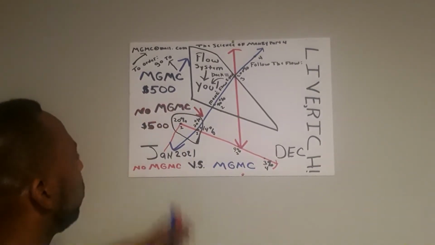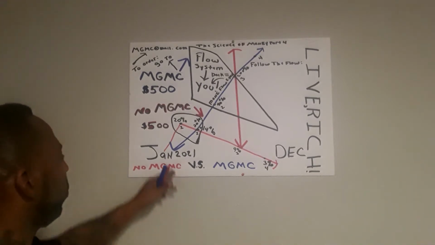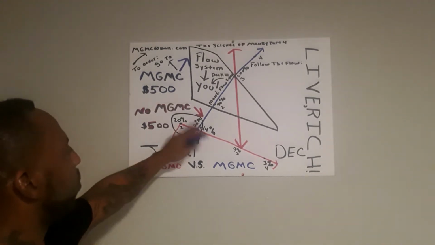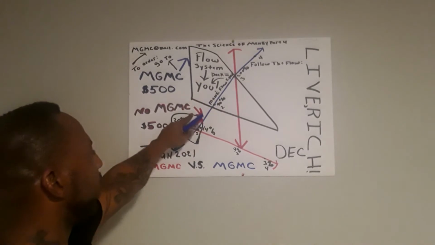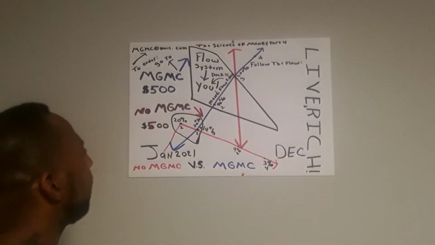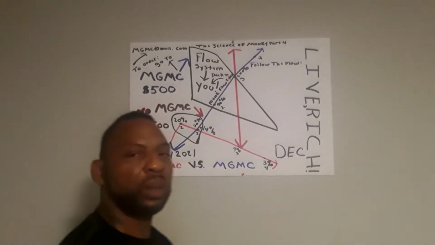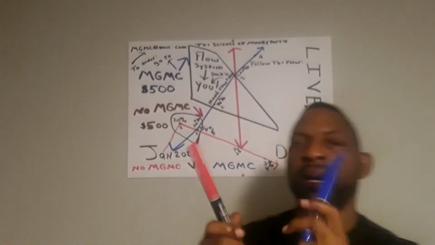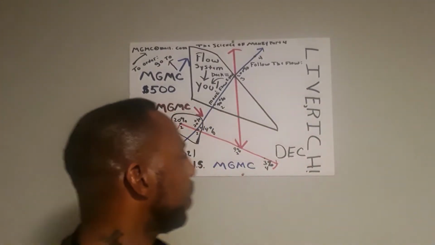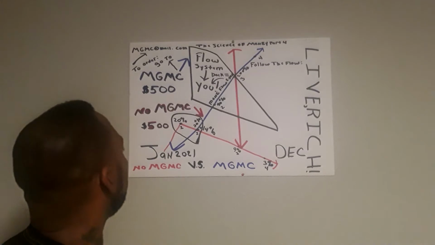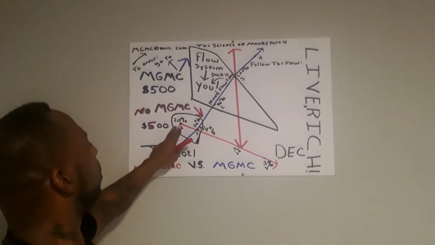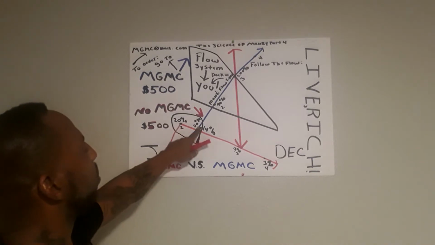Here on the board, you'll see a red flow and a blue flow. Red is a downward slope, blue is an upward slope. In my hand, I have red and blue. We see two variables, 20% to 20%.